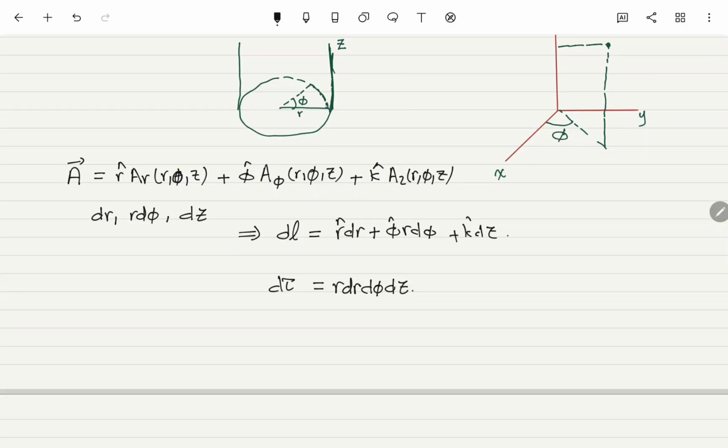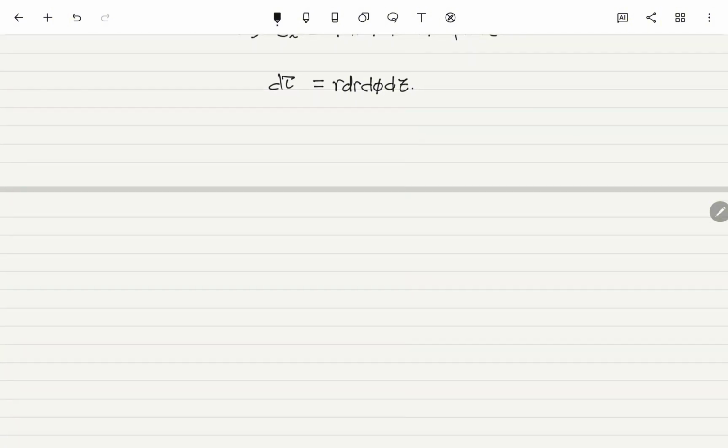Again, we are interested in four different physical quantities: gradient, divergence, Laplacian, and curl. So let's have gradient psi in cylindrical coordinates. Psi in this one is a function of r, phi, z, equal to r hat partial psi partial r plus phi hat over r partial psi partial phi plus k hat partial psi partial z.